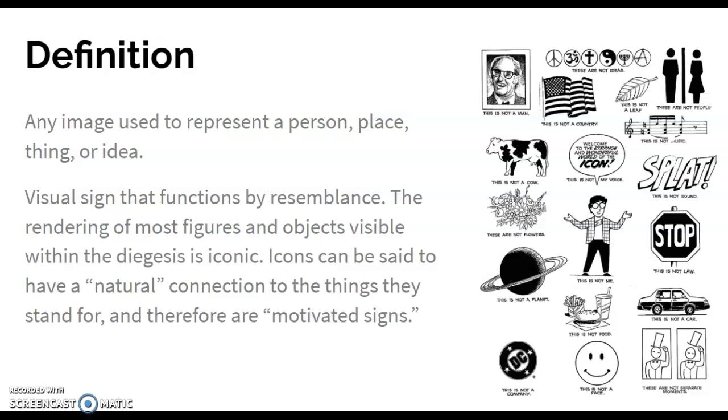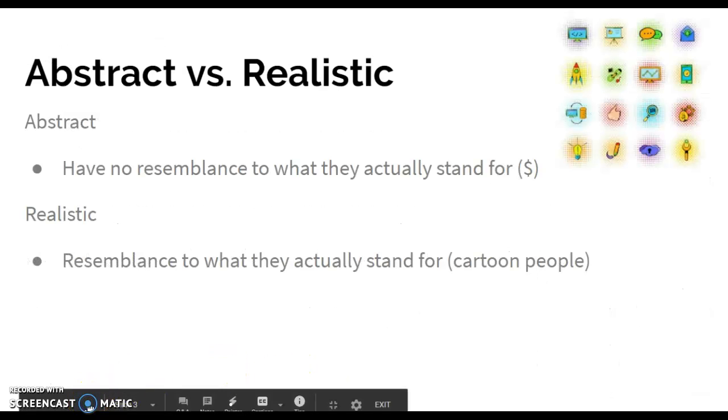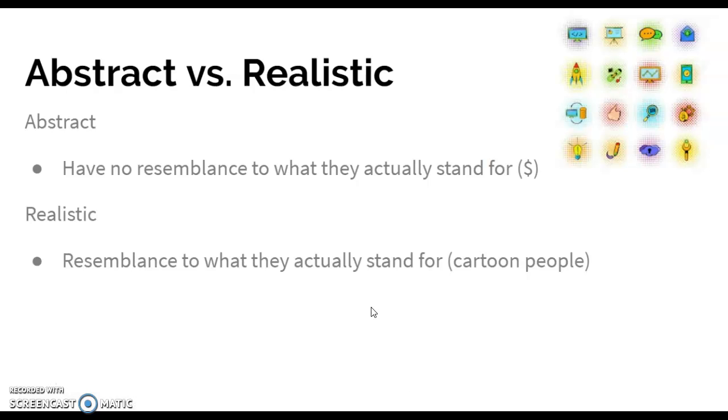And on the right, this is Scott McCloud's visual for what a lot of different icons can be, like just drawings of people, faces, animals, flags, musical things, different signs. There are two kinds of icons.